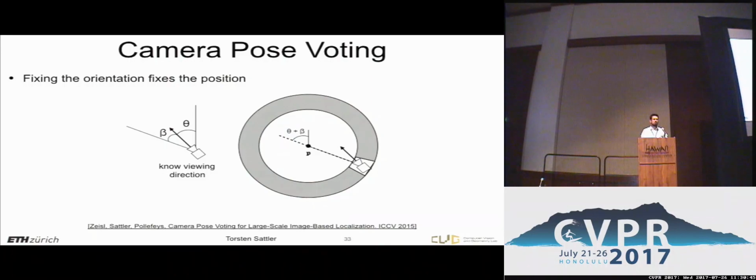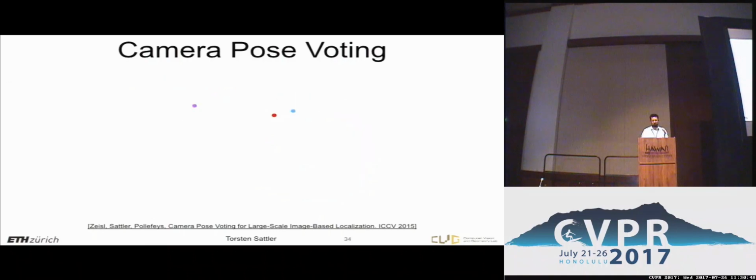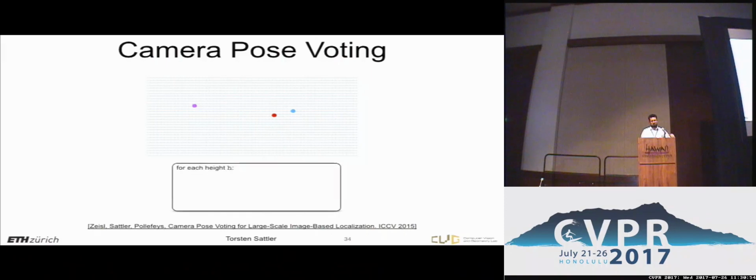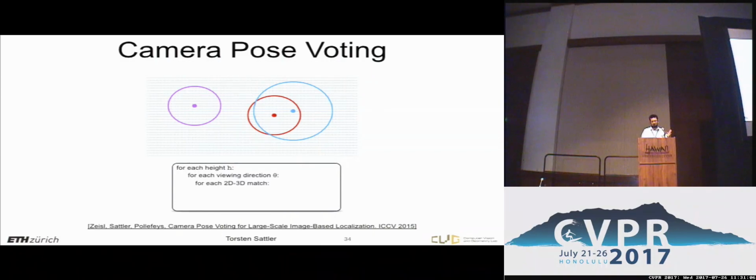Those 2 observations are enough to do a voting scheme where you first quantize your set of camera positions, and then you iterate over intervals of height. Each height gives you the distance between the camera and the point, and then you iterate over a discrete set of viewing directions, and for each match, viewing direction and height, you essentially get a vote for a position. Then you keep track of the position that receives the most votes, take the points that voted for it, and run pose estimation.